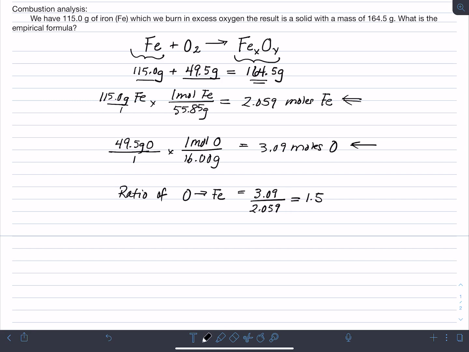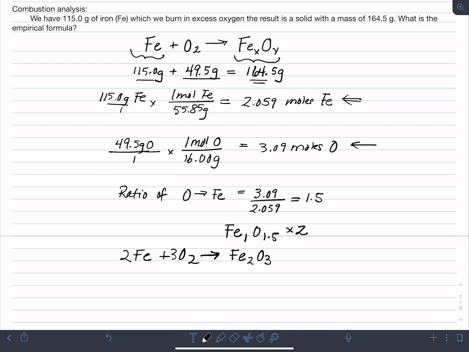But I'm not going to write a chemical formula that is Fe1O1.5. That does not make sense, right? So what we're going to do is multiply this to get whole numbers down here. Now what would we multiply this by to get a whole number? Well, we'd obviously multiply it by 2. And that would give us a formula of Fe2O3. Again, we're not trying to balance the chemical reaction. We could go back and balance it, and we would say, oh, I'm going to have 2 of those, I'm going to have 3 of those, and here's my balanced chemical reaction.